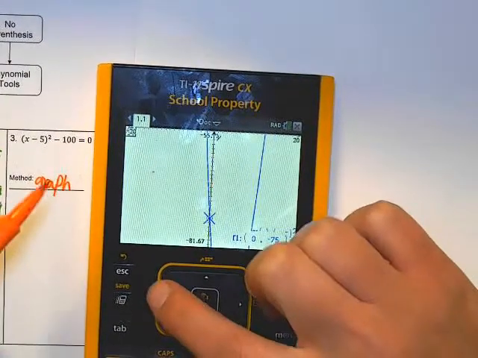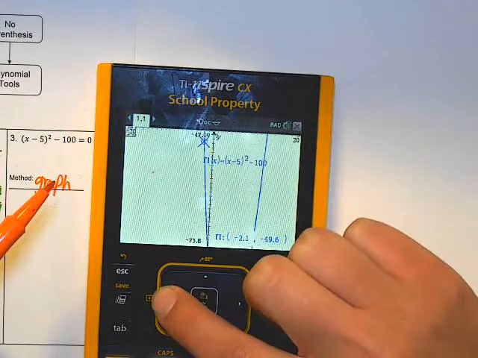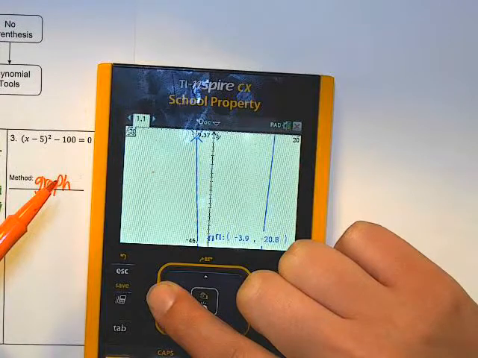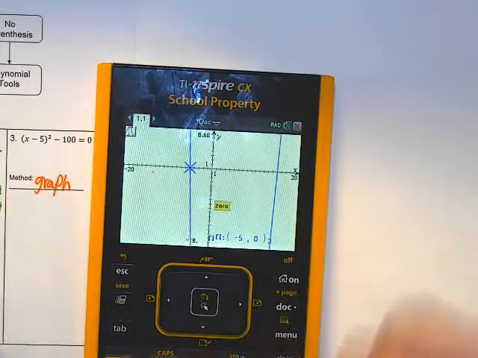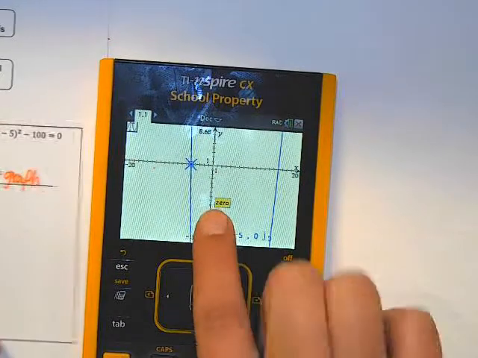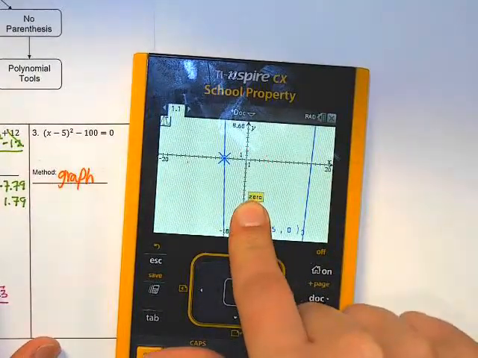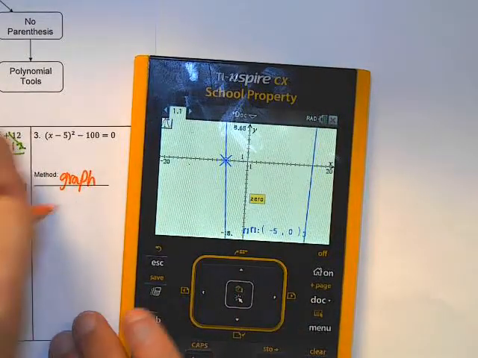I'm going to go to the left first. Once it pops up 0, because 0 means x-intercept, that's my root. So negative 5, comma 0.